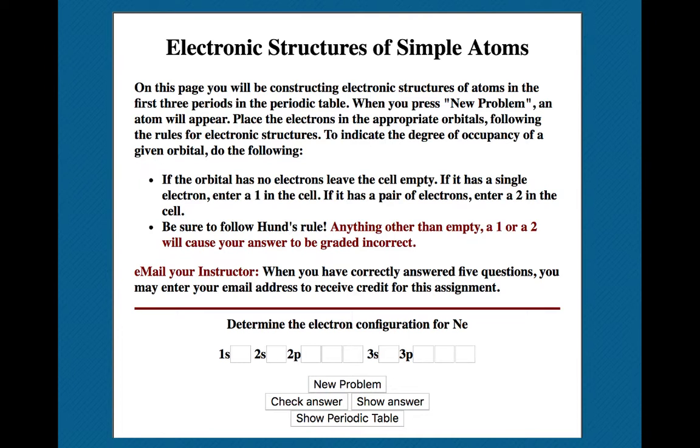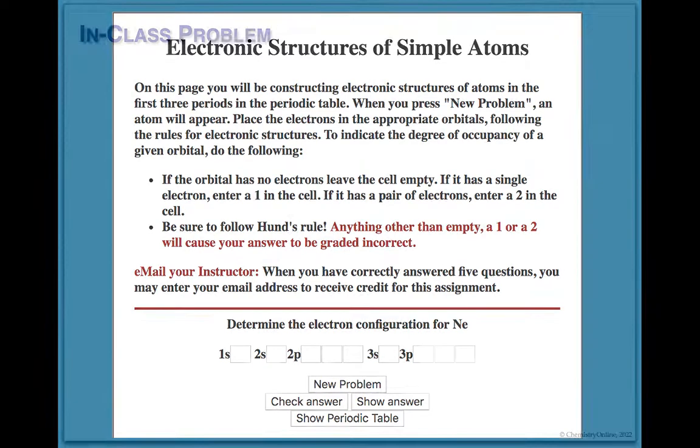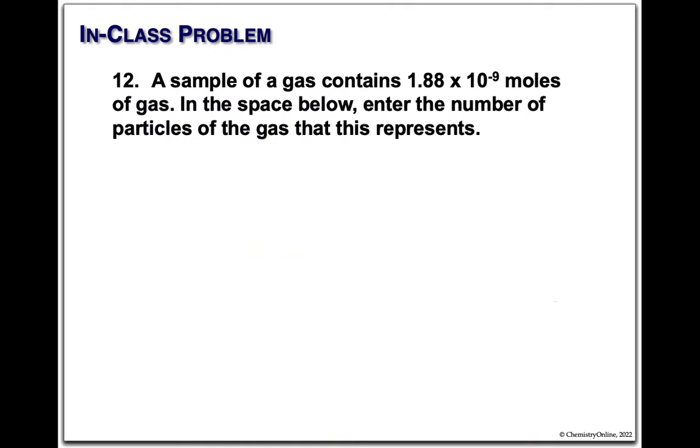Now on the exam, for this next problem, you actually have to do a calculation and write a number. We have a sample of gas with 1.88 times 10 to the minus 9 moles of the gas. How many particles is this?